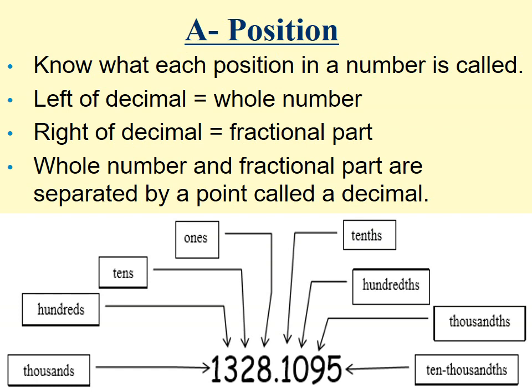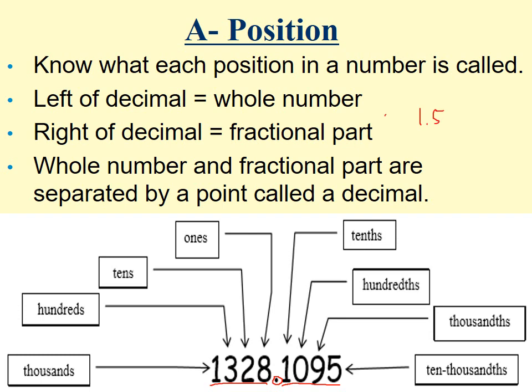So first we're going to start off by dissecting a whole number and decimal number. So here we have the decimal represented by a period. On the right side of the decimal, you have the fractional part. On the left side of the decimal you have the whole number. So a simpler number could be 1.5.